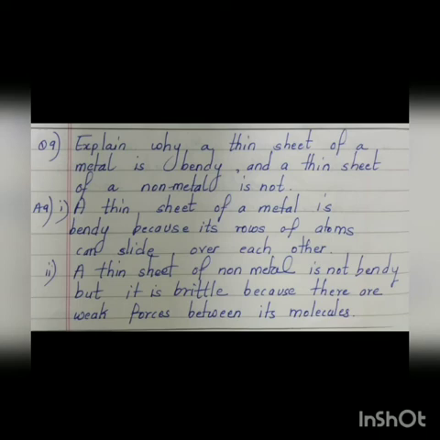Even if the non-metal is solid, the forces of attraction in it are weak, and when we try to bend it, instead of sliding over each other, the atoms lose their intermolecular forces of attraction, which results in breaking of the non-metal.